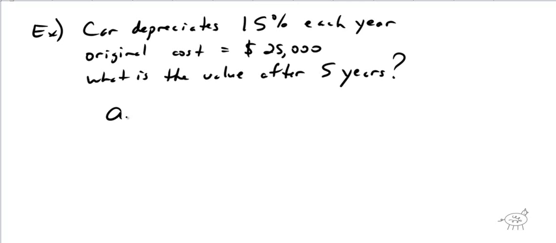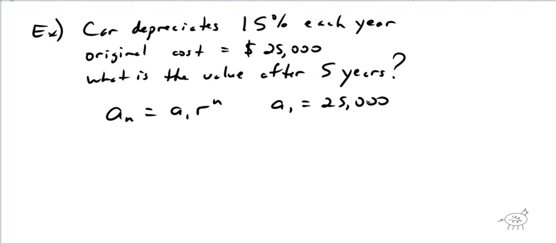So again, we're saying a sub n equals a sub 1 r to the n. We're using money, so it's to the n power, because after year 0, it's still worth 25,000, and then the first year, it's 25,000 times some amount. Well, what amount is that? Well, obviously a sub 1 is 25,000.